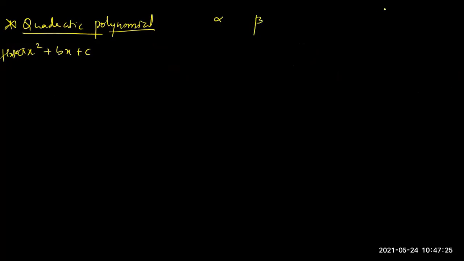Suppose one polynomial p of x has zero 2. Then what is its factor? I am not asking the factor of 2, I am asking the factor of p of x. Factor theorem, standard 9: if 2 is the zero of the polynomial, then x minus 2 is its factor.